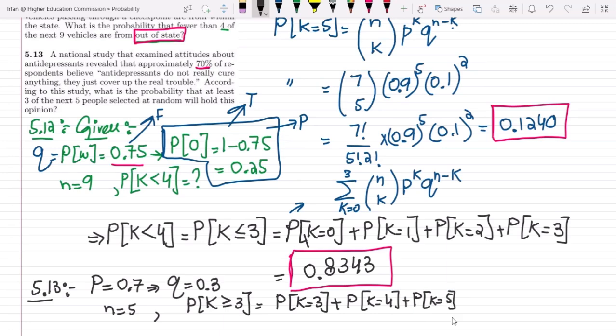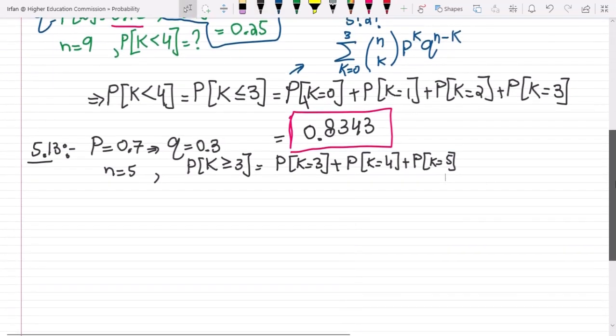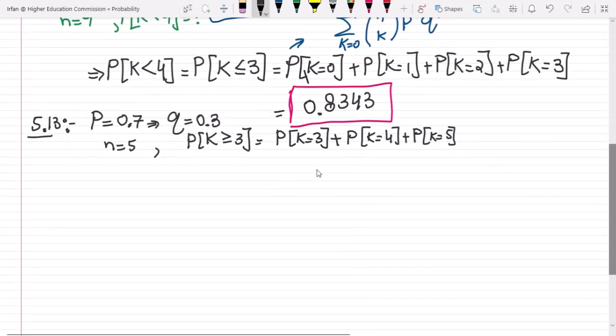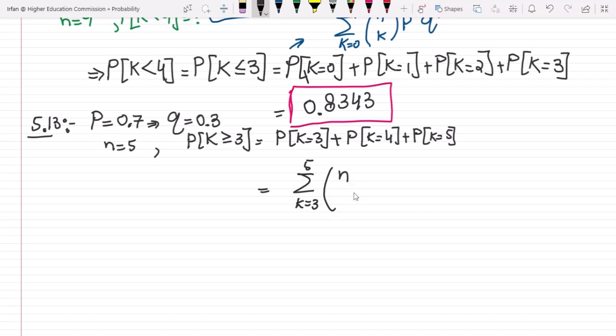These are basically all the values, and this is again the case of the binomial probability law. So let me again use the formula for k equal to 3 up to 5: n choose k, p to the power k, q to the power n minus k.